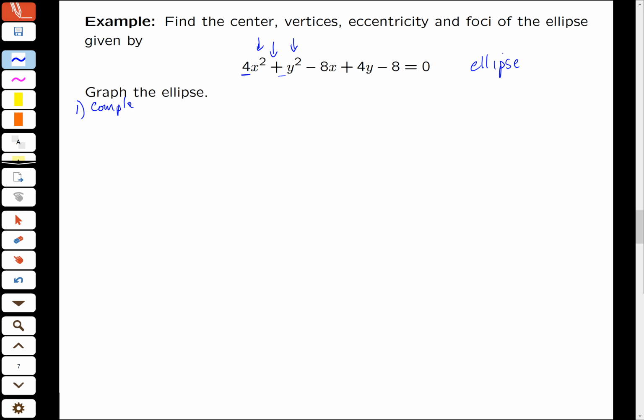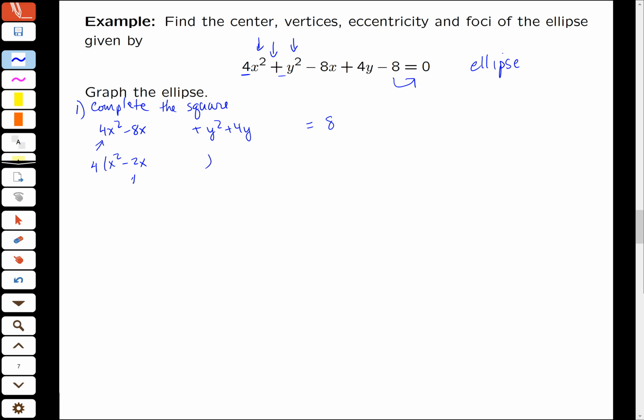I'm going to group the x terms together and the y terms together. So we have 4x squared minus 8x plus y squared plus 4y equals 8. I took the 8 over to the other side. Notice here you have a leading coefficient of 4, so factor that 4 out.